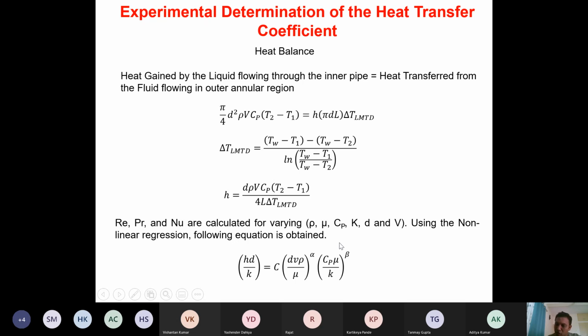Whether this is in a power law form like this or in some other form doesn't matter. Whatever correlation fits the data of h and the properties, based on that you generate the correlation. So this is the experimental procedure to determine the heat transfer coefficient.